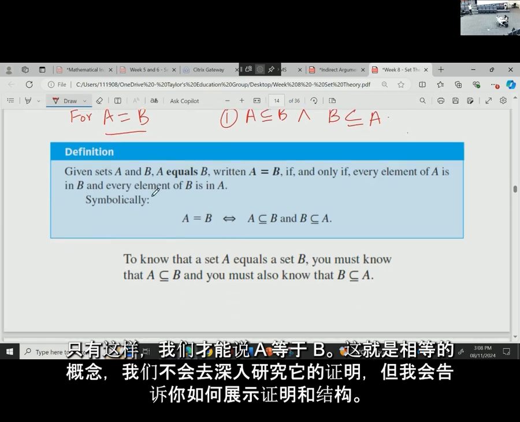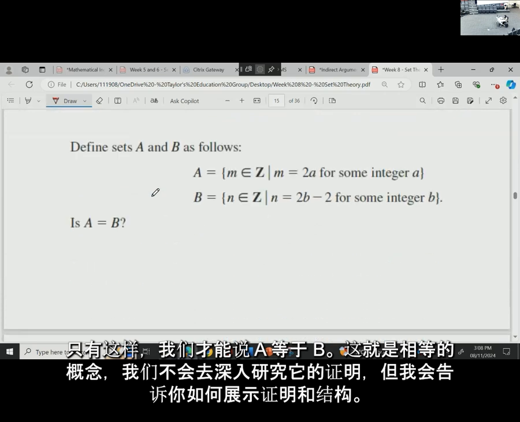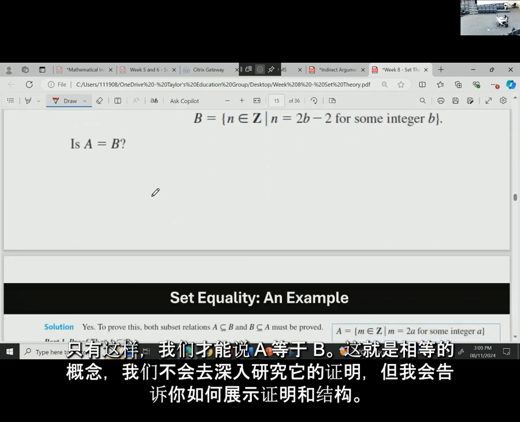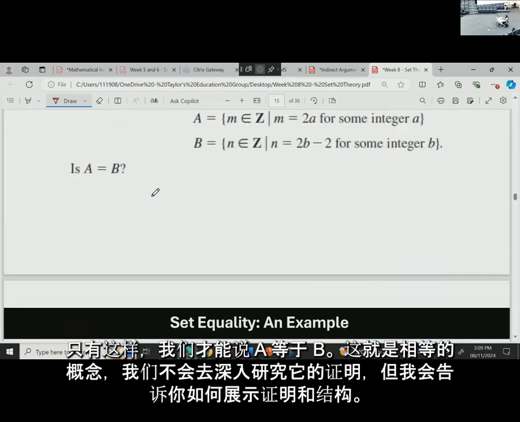So that is the concept of equality, and we will not go into the proof of that, but I will tell you how to show the proof, the structure.